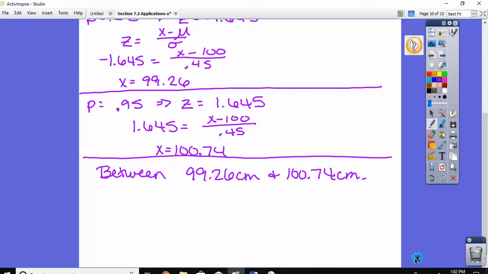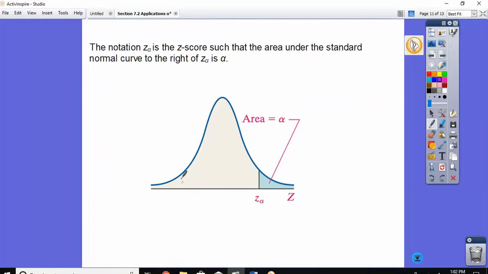The next thing I want to talk about is the notation. There's what's called Z alpha notation. And for whatever reason, I didn't design the notation, but it's kind of the opposite of how we read things on our table. Okay, so if you have Z sub alpha, you see that?